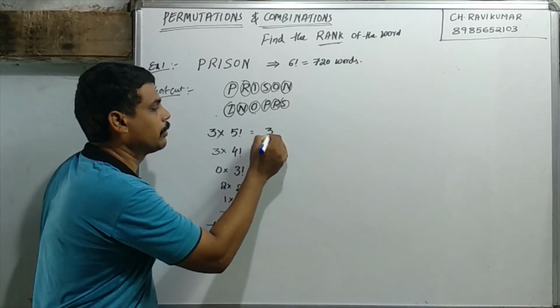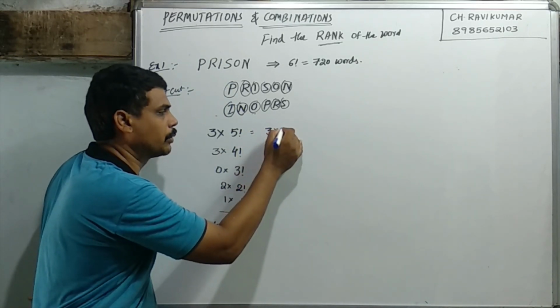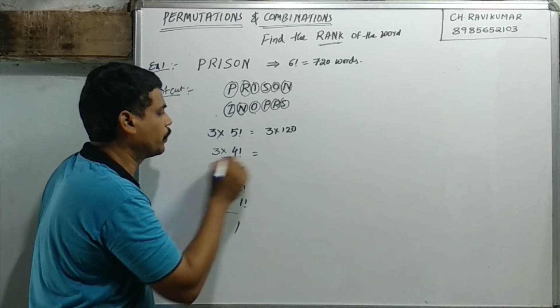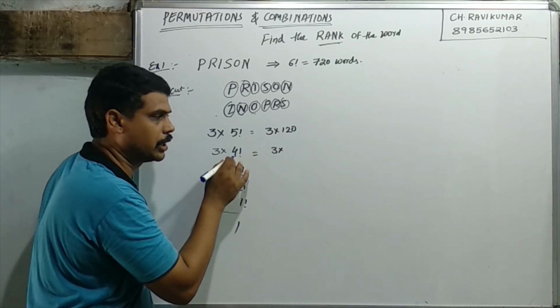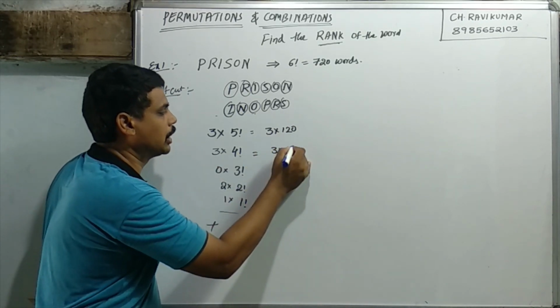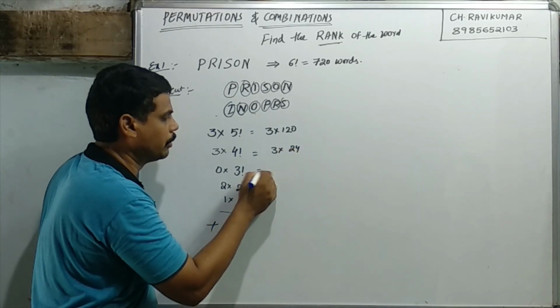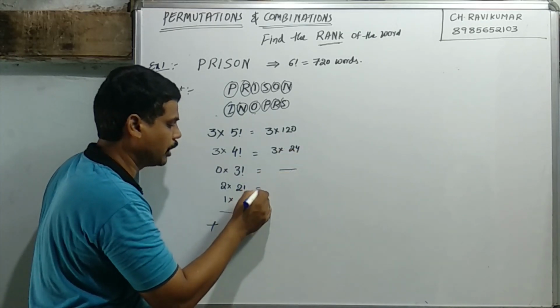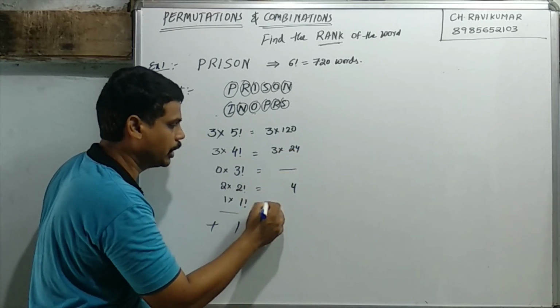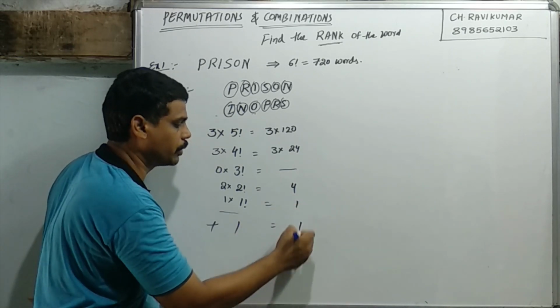So 3 into 5 factorial is nothing but 360. 3 into 4 factorial is nothing but 72, 4 sixes are 24, meaning it is 0, and 2 into 2 is 4, 1 into 1 is 1, and this is also 1.